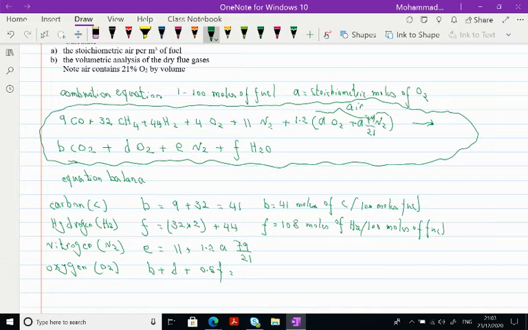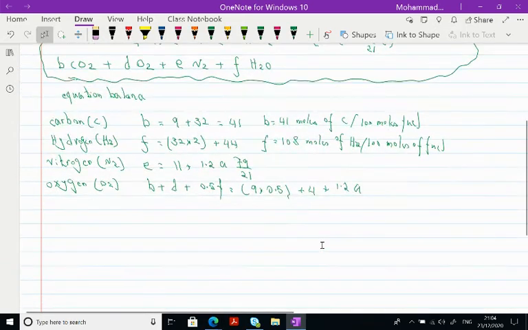On the right hand side for oxygen we have 9 times 0.5 plus 4 plus 1.2 A. So this is the equation that we need to solve to get the unknown coefficients.